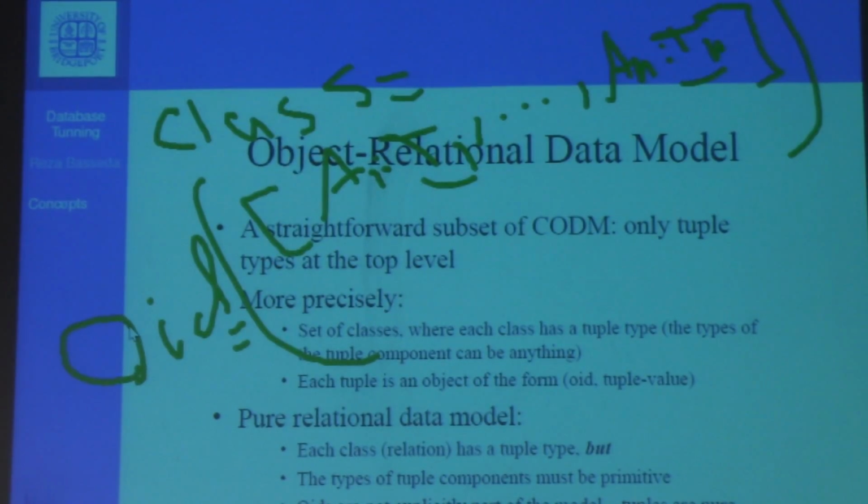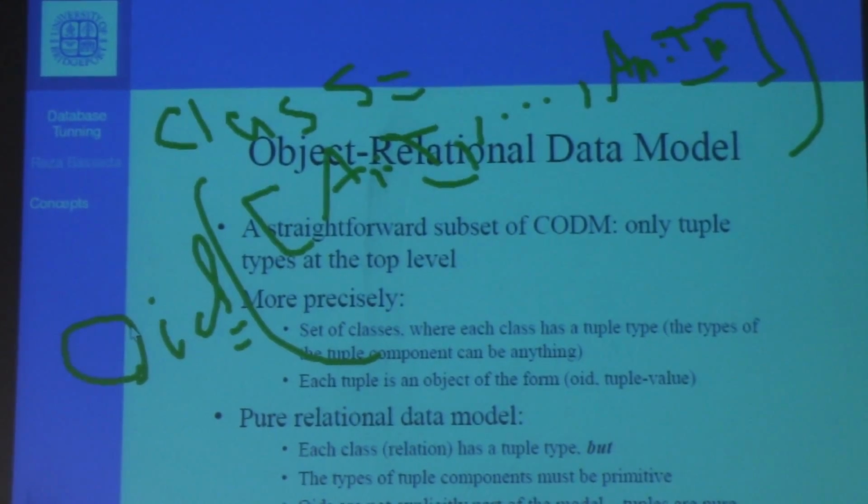So think about, suppose that you have this constraint in Java that you cannot have arrays in any classes, and the classes should have only primitive types as attributes.